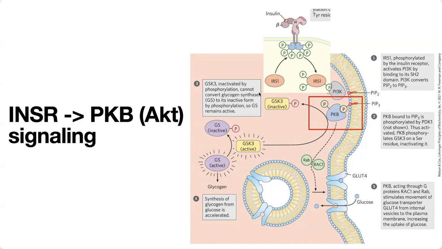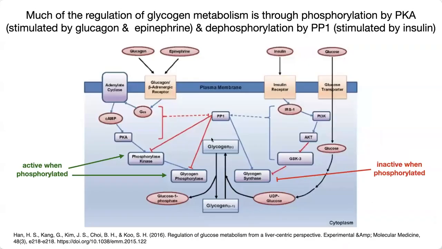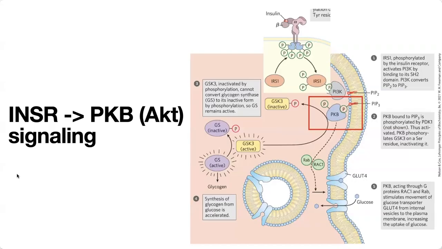That's going to activate GSK3, which is going to inactivate our glycogen synthase. It's also going to do all sorts of other stuff to promote glycogenesis, so our making of the glycogen, and inhibit glycogenolysis, so inhibit the breakdown.